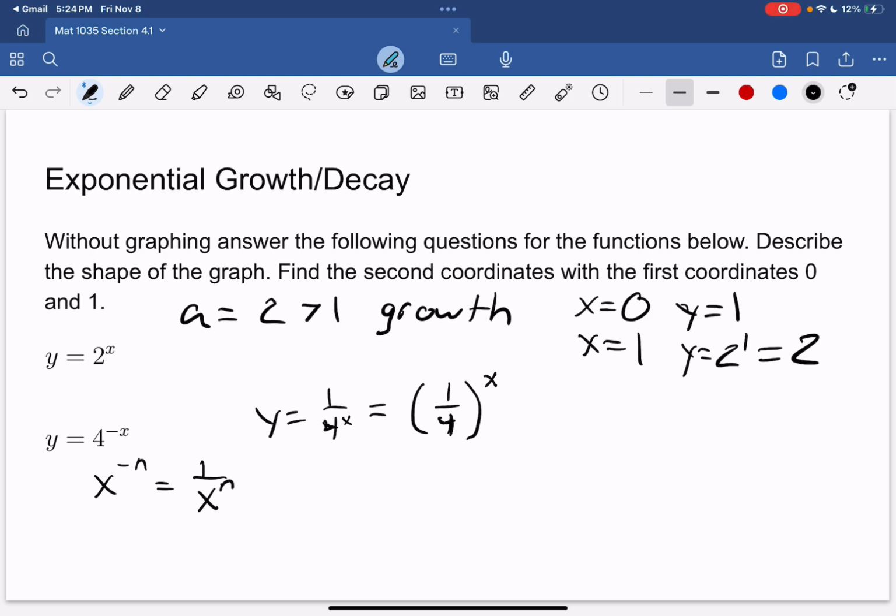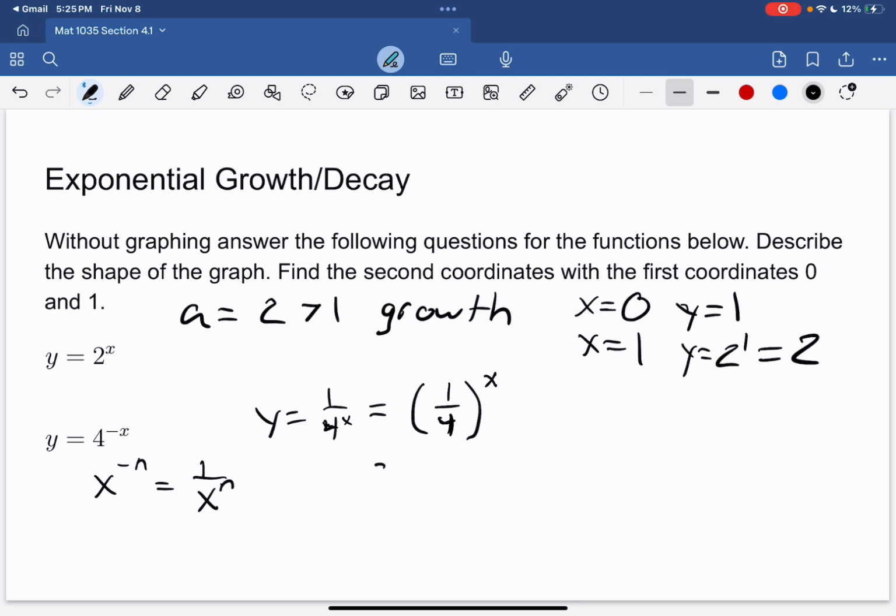And the reason that's significant is now we can clearly see our a value is between 0 and 1 because it's 1/4. We could see that in the previous step, but now we can clearly denote a is 1/4. The reason that works is because 1 raised to any power will always be 1, so that won't affect the numerator in any capacity.